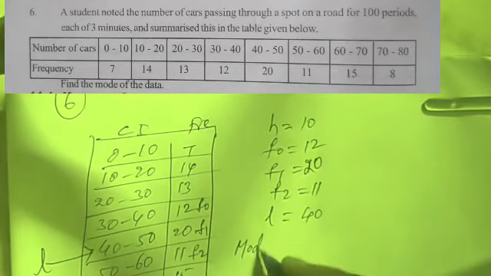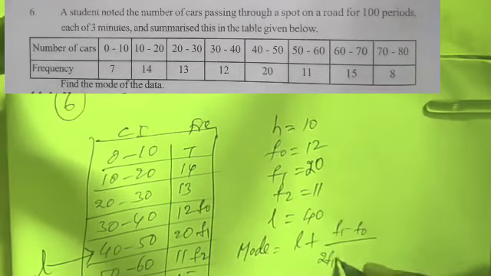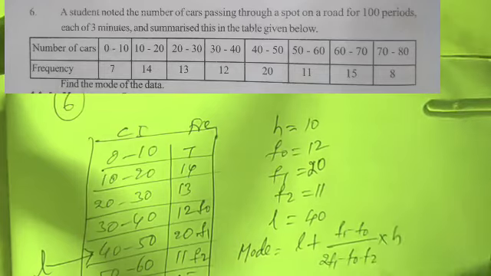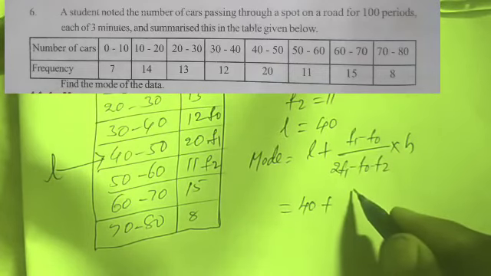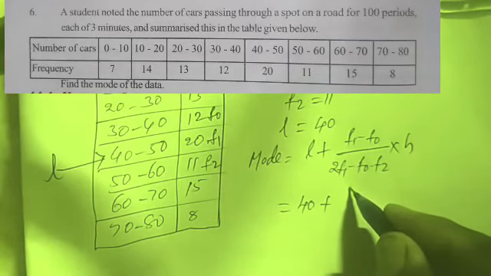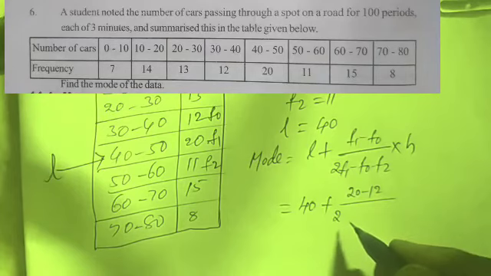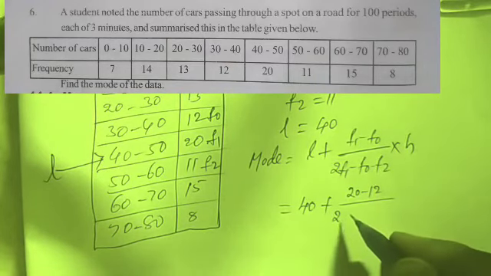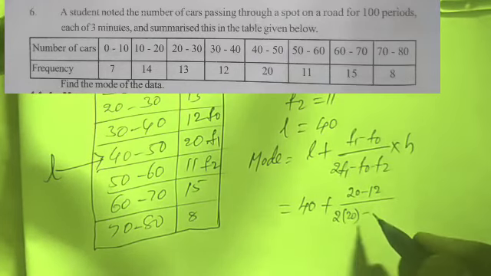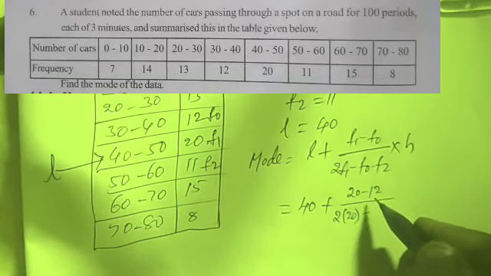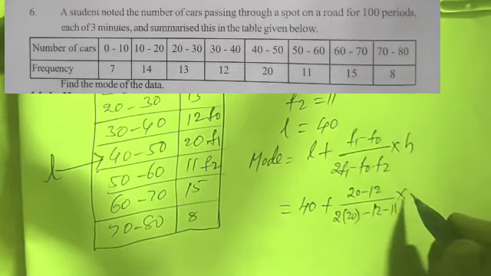L equal to 40, mode equal to L plus (f1 minus f0) by (2f1 minus f0 minus f2) into H. Substitute these values: 40 plus f1 minus f0, 20 minus 12, by 2f1, 2 into 20, minus f0, 12, minus f2, 11, into H, H means 10.